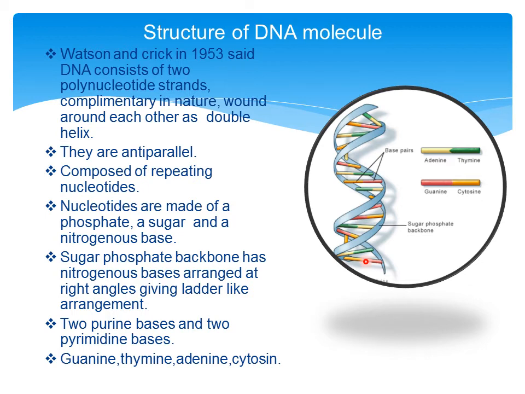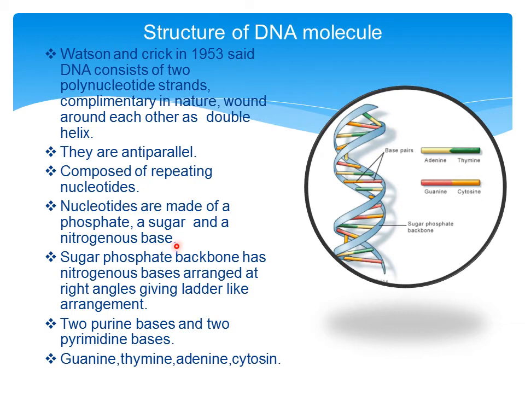Okay, is it clear? Now, it is made up of polynucleotide strands. These strands are anti-parallel. They are composed of repeated nucleotides. What are these nucleotides made up of? These nucleotides are made up of a phosphate, a sugar, and a nitrogenous base.